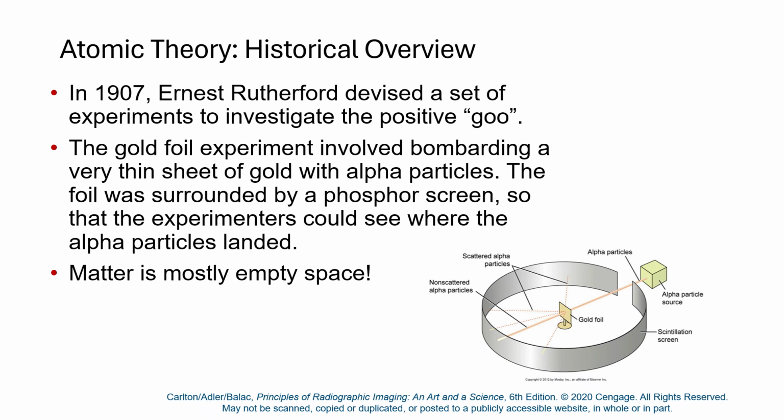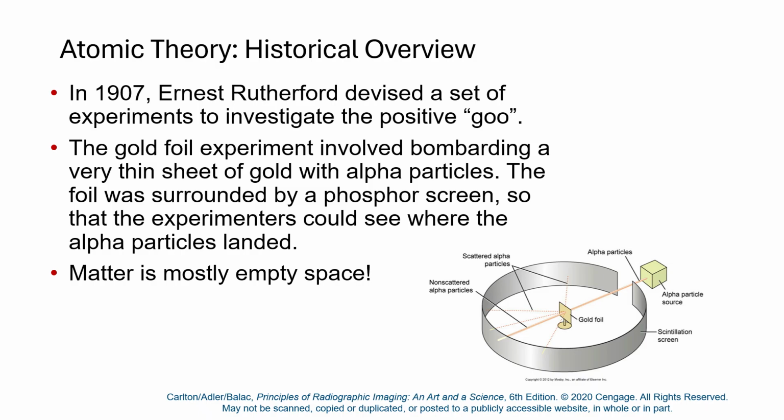Right? And then I could aim them at a very thin piece of stuff. Now, what stuff can we make the thinnest? And the answer was gold. Gold is extremely malleable, and you can make it thinner than a piece of paper. Okay? And so he got some gold foil.